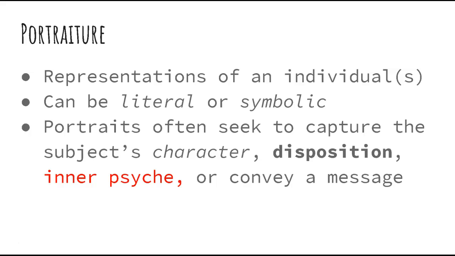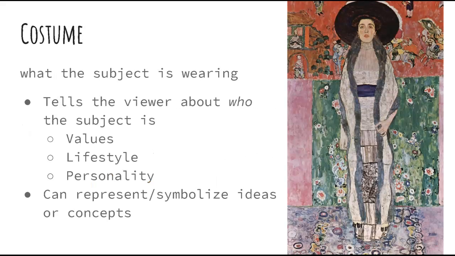These images can be literal, they can be symbolic, and they generally seek to capture the subject, that's whatever person is being painted, their character, their disposition, their inner psyche, or it helps to convey a message. So, boiling it all down, portraiture is just about the way we show people in images and how we understand that. So we've got a few different elements.